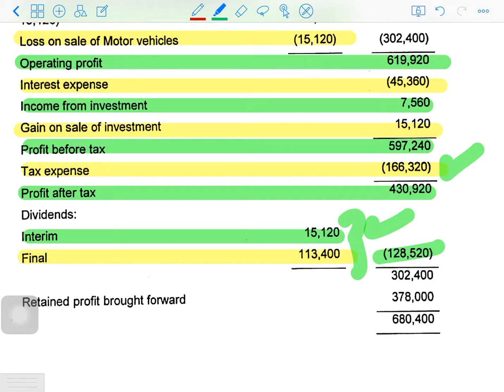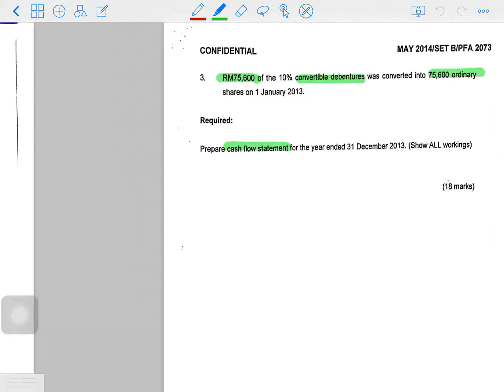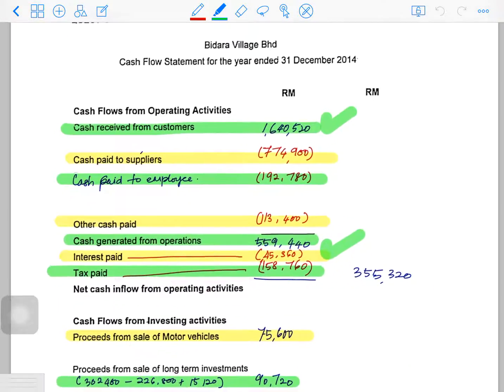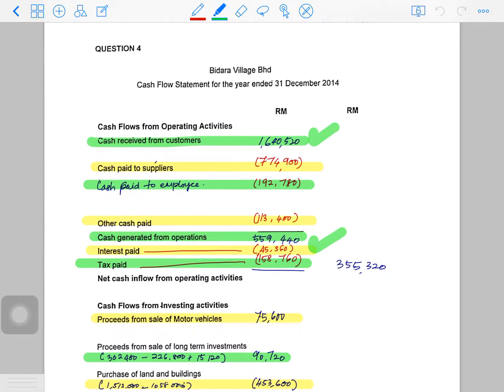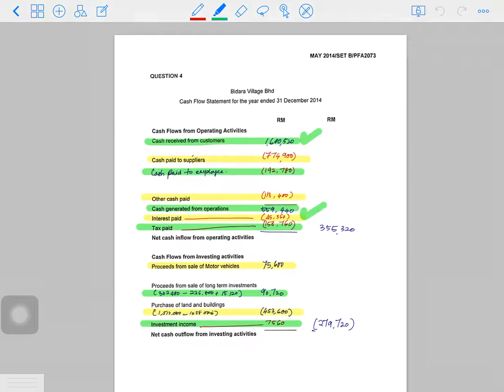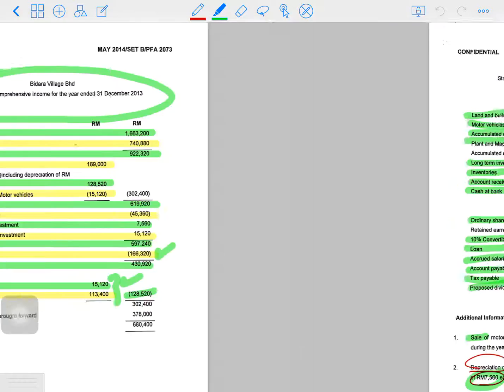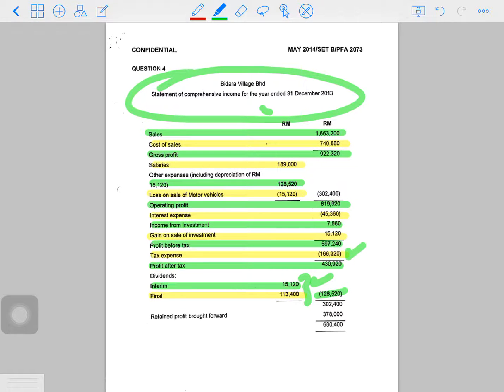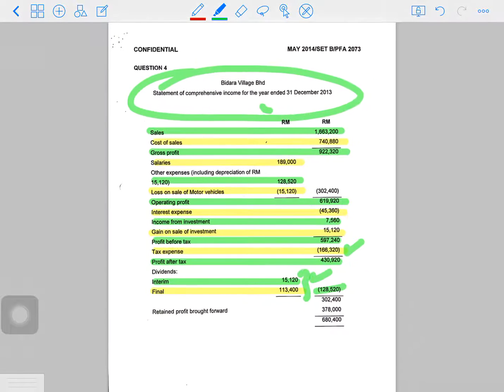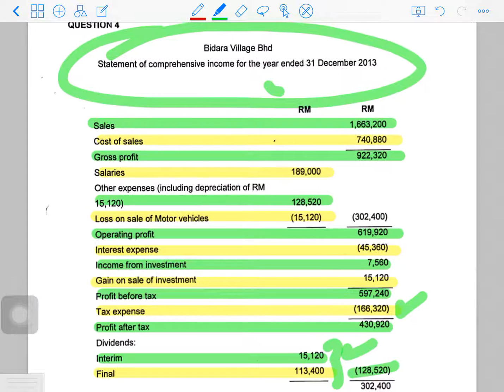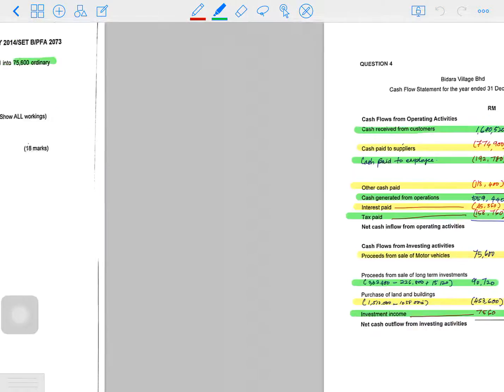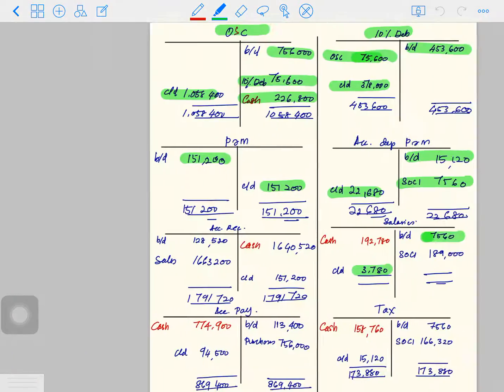Semua kita dah deal. Jadi yang ada dalam cash flow statement kita ni, yang tak ada ni cash paid to employee, expenses, sales, gross profit, salaries. Oh, salaries ni. Sorry, salaries. Salary kita dah buat tadi kan? Salaries kat mana saya buat tadi?